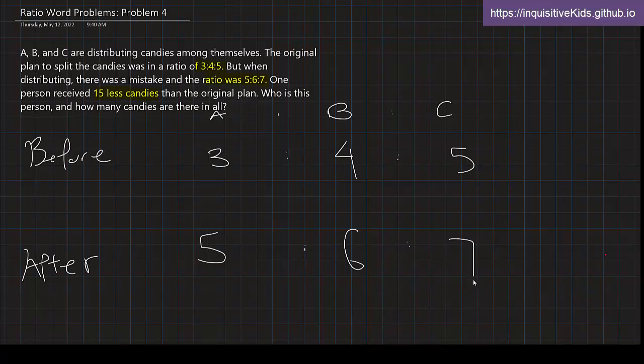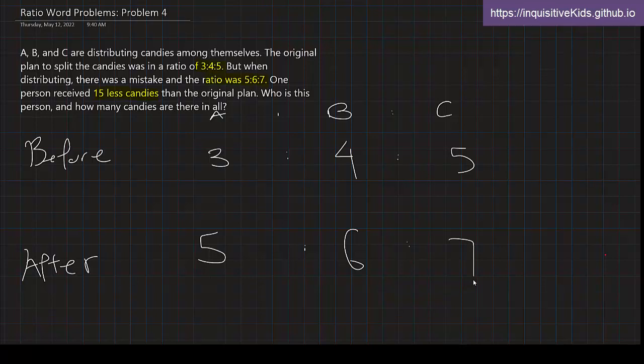And when solving problems like this, when the ratio changes, we need to think about one thing. What value doesn't change? Two people's candies changed, right? One person received 15 less candies while another person received 15 more.